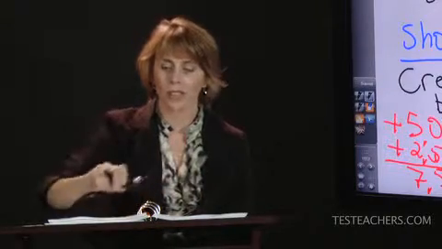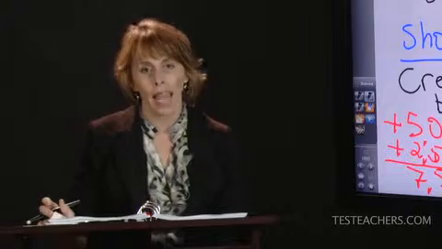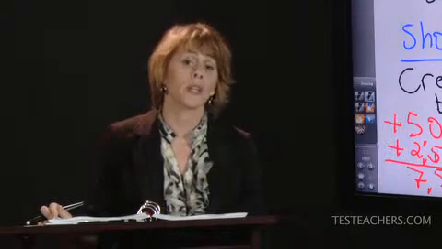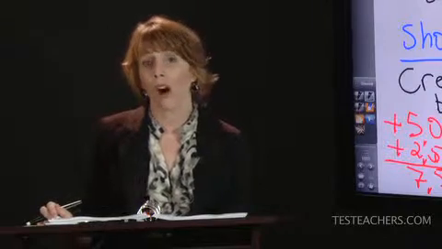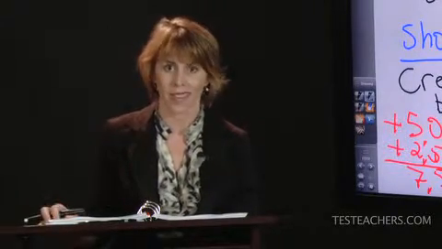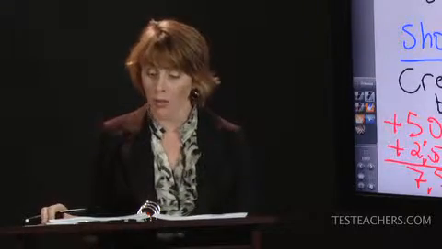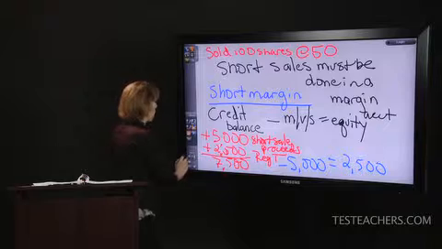I told you that long means you own a stock. You can own a stock in a cash account or you can long a stock in a margin account. To buy a stock on margin can only be done in a margin account. That makes sense. To short a stock can only be done in a margin account.